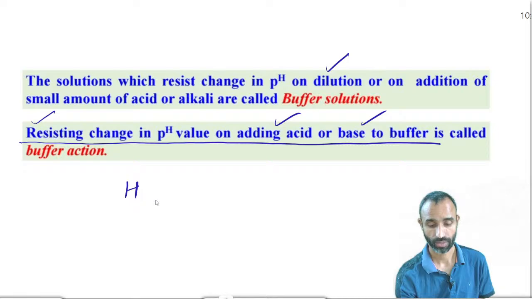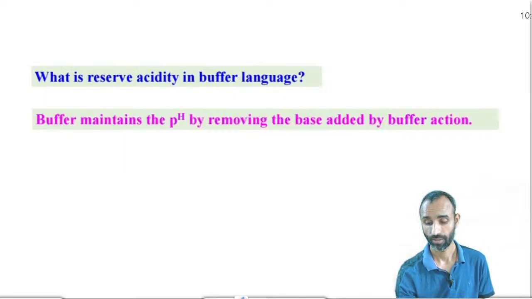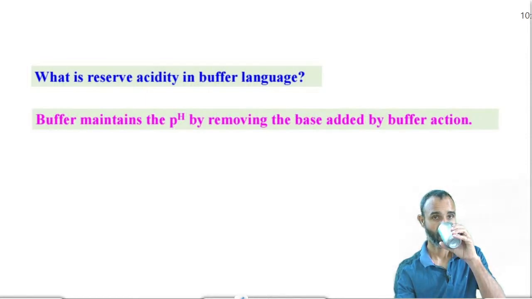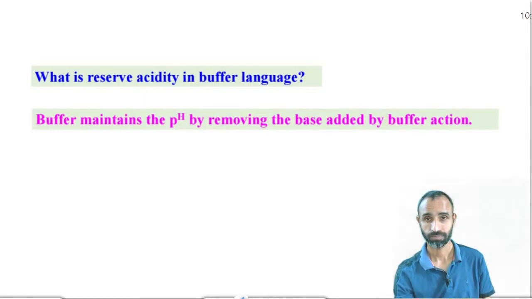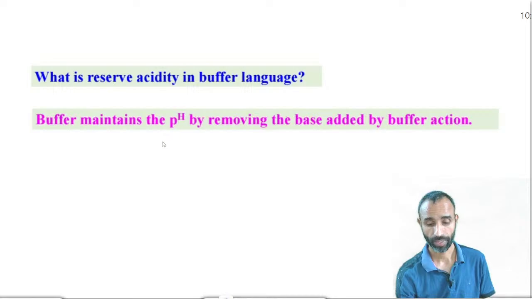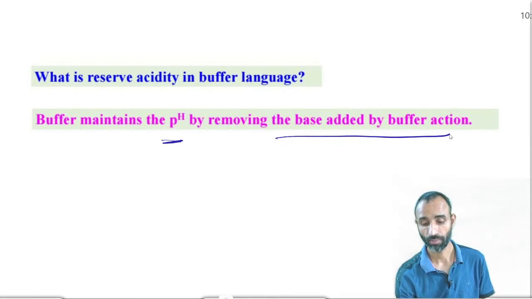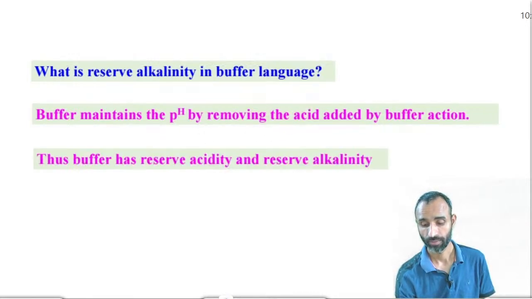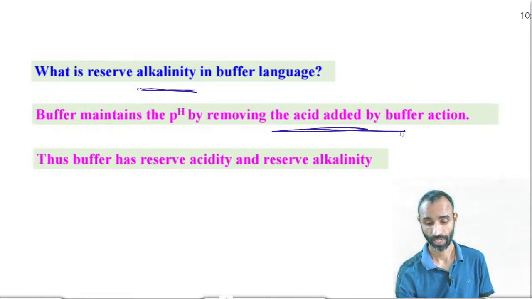What was the composition of the buffer of blood? It is H2CO3, HCO3 negative. Buffer maintains pH by removing the base added by the buffer action, or alkalinity means removal of acid added.